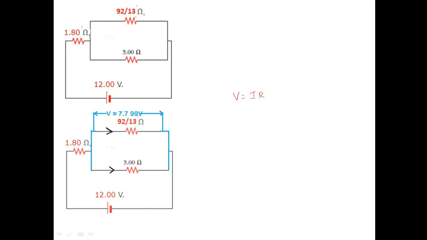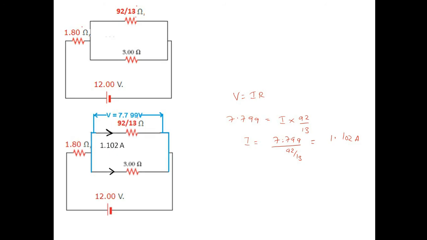So 7.799 equals the current we have to find, times the resistance 92/13, and I equals 7.799 divided by 92/13, which comes out to be 1.102 amperes. So the current through this one is 1.102 amperes.